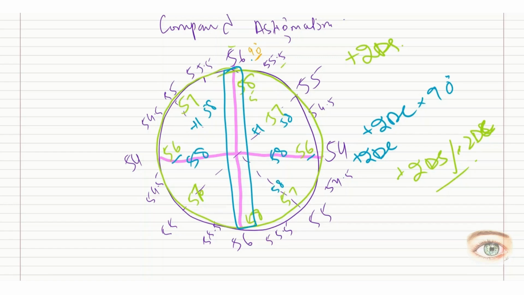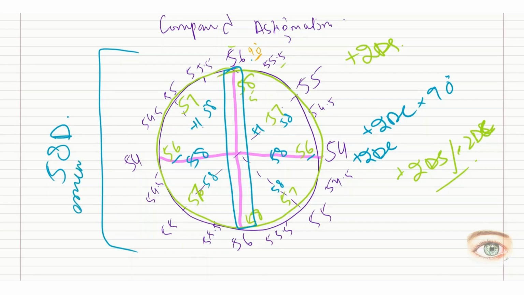This 57 has become 58 and this 57 has become 58. So now this whole eye has become 58 diopter, which means we have made this eye emmetropic, right?